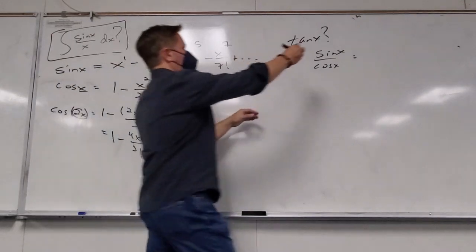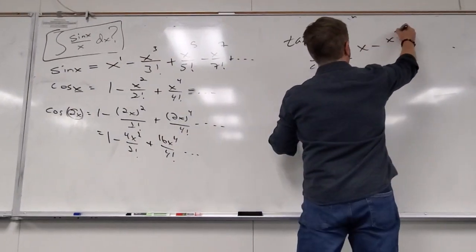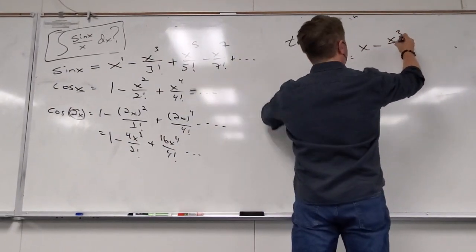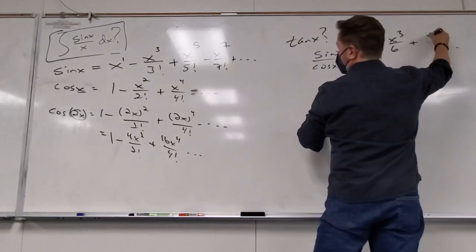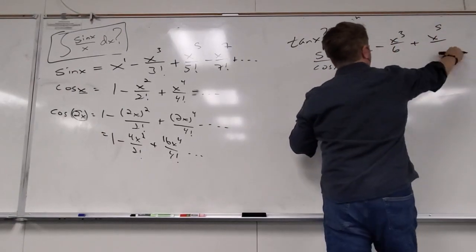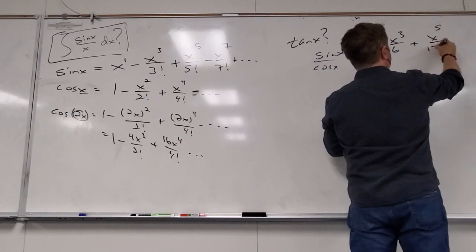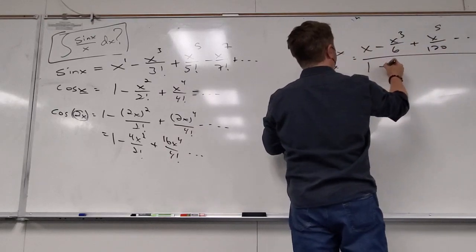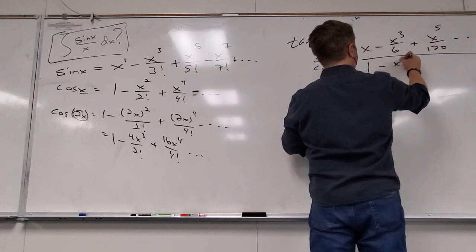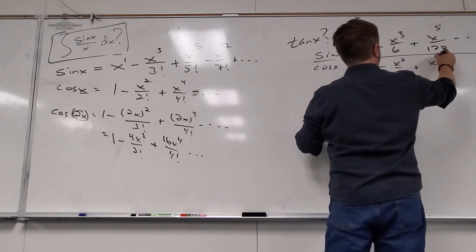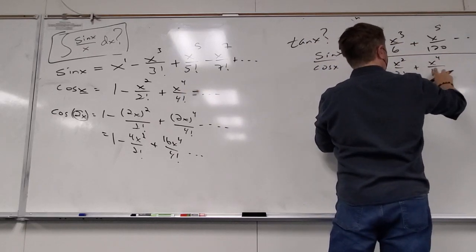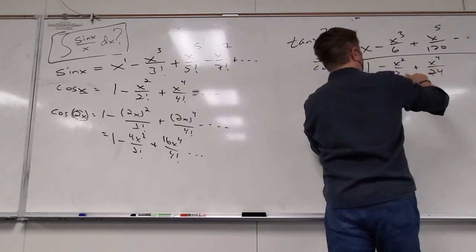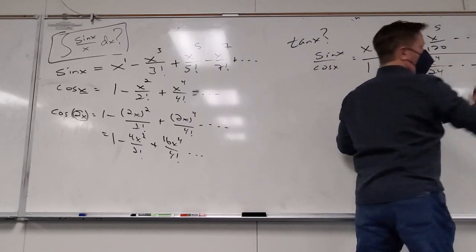X minus x cubed over 6 plus x to the 5th over, what is that, 120? Divided by 1 minus x squared over 2 plus x to the 4th over 24, minus and so on.